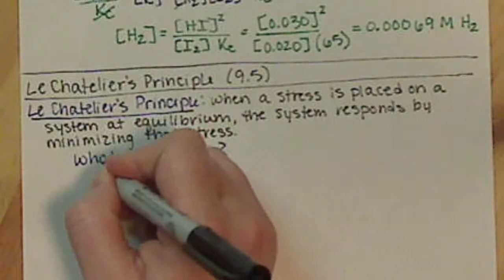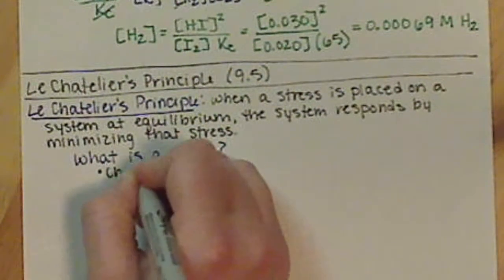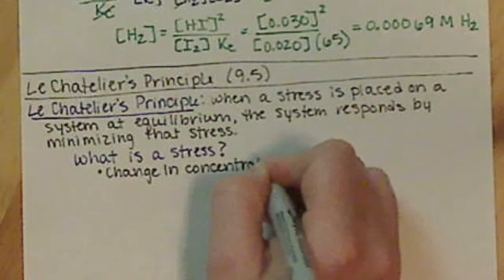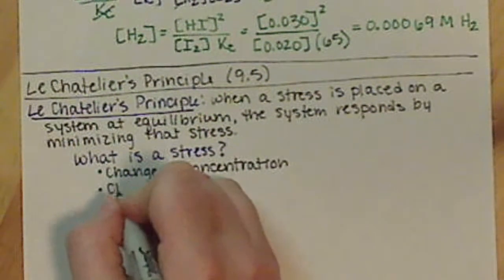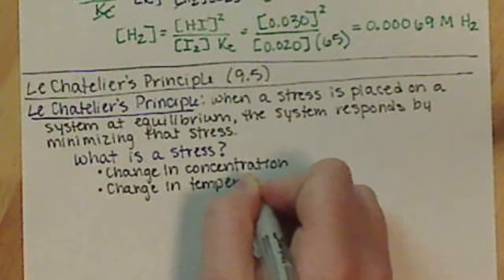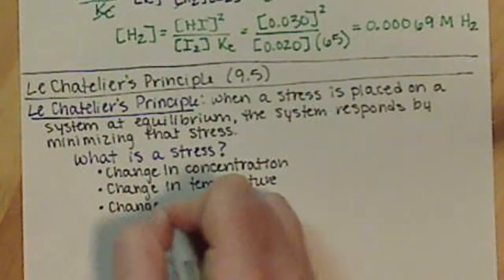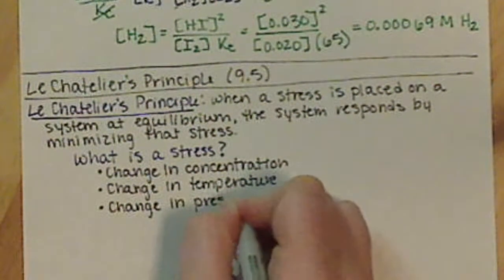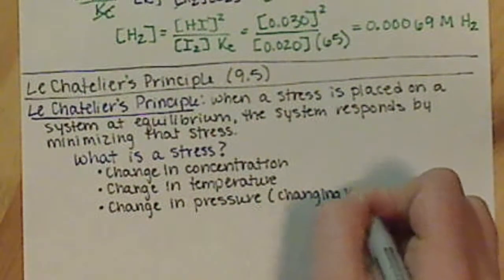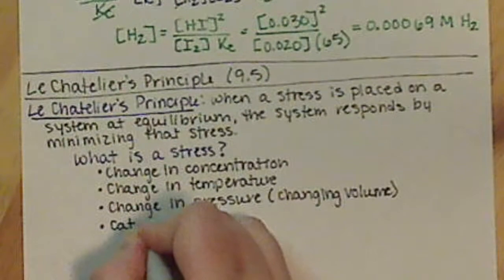We have 4 different stressors that we're going to talk about. We're going to talk about a change in concentration, a change in temperature, a change in pressure, which we're going to do by changing the volume, then we're going to talk about how a catalyst affects it.